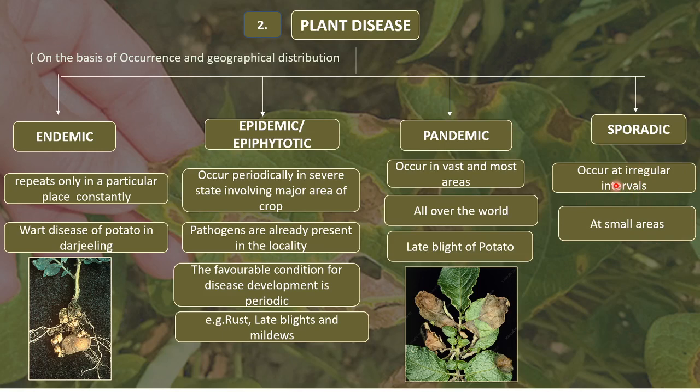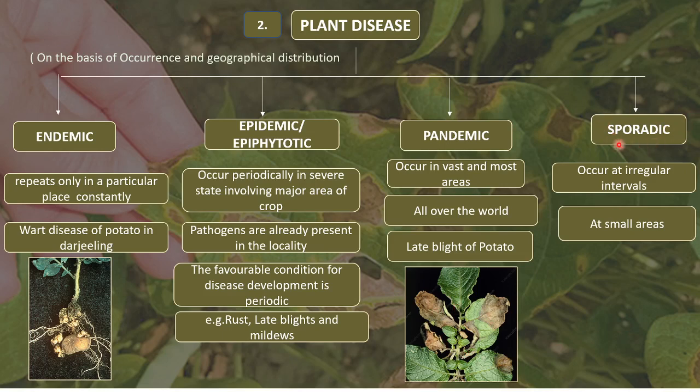Now, a particular disease can also be epidemic, it can also be pandemic, right? It depends on what kind of disease it is, and based on that it can sometimes be endemic, maybe epidemic, or maybe pandemic, as we saw in the case of late blight of potato.